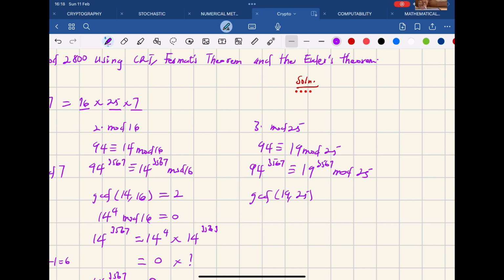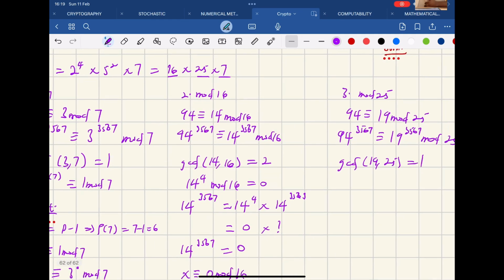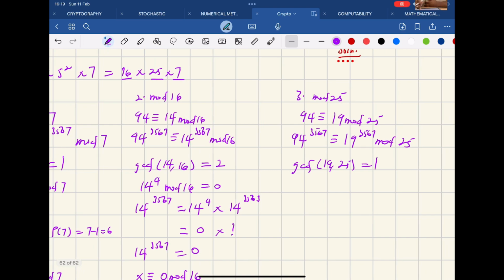The GCD of 19 and 25 is equal to 1, so we can use either Fermat or Euler. Over here, phi of 25 should give 19 to that power congruent to 1 mod 25. So we use Euler's method.